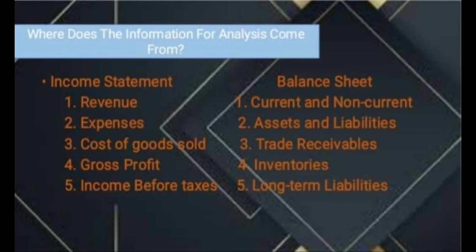And the 5th is long-term liabilities. Long-term financial liabilities include loans, for example, borrowings from banks, and also include notes or bonds payable, for example, fixed income securities issued to investors.